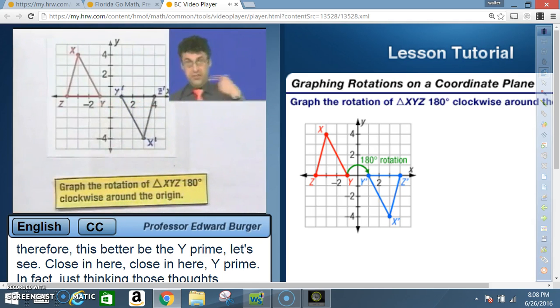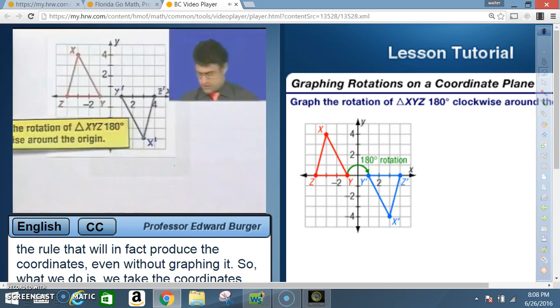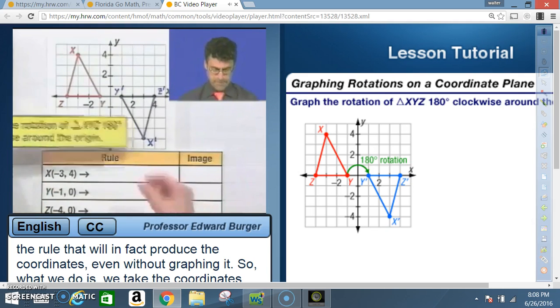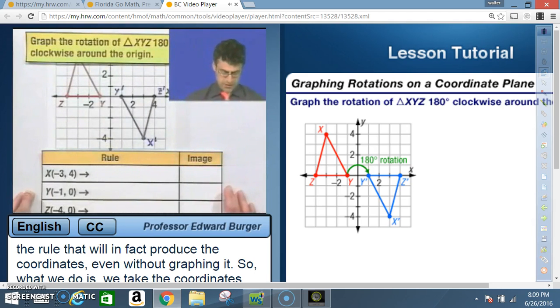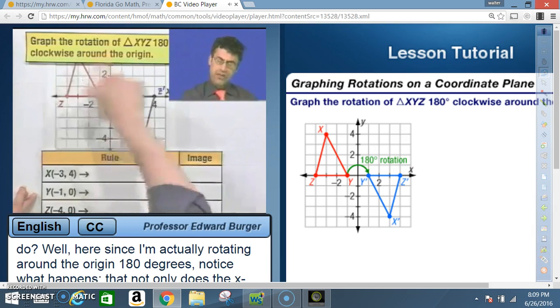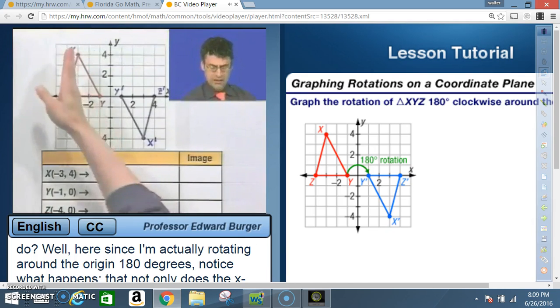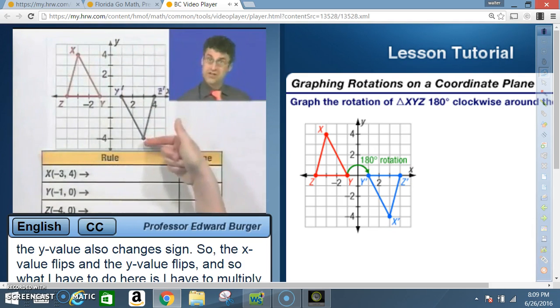Just thinking those thoughts helps me with the rule that will produce the coordinates, even without graphing it. Since I'm rotating around the origin 180 degrees, notice that not only does the x value change sign, but the y value also changes sign.